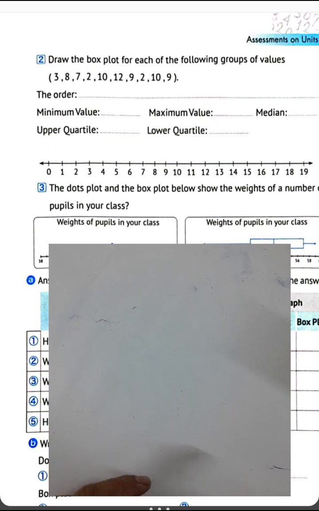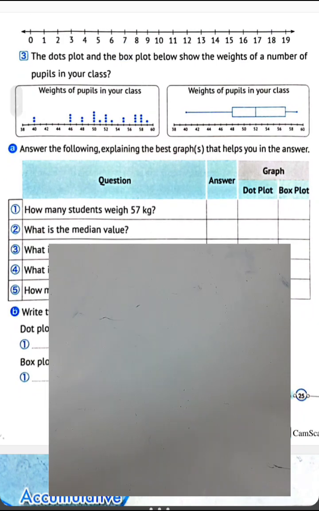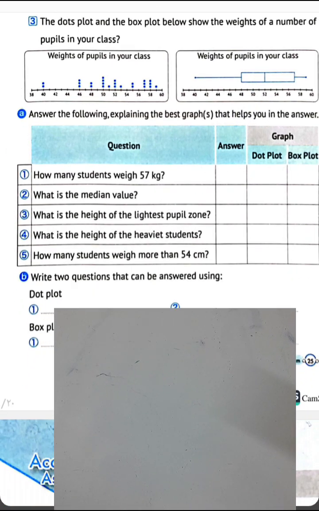Next question, number 3. The dot plot and the box plot below show weights of a number of pupils in your class. Answer the following, explaining the best graphs that help you in your answer. Question letter E. How many students weigh 57 kilograms? Look at here, 57.